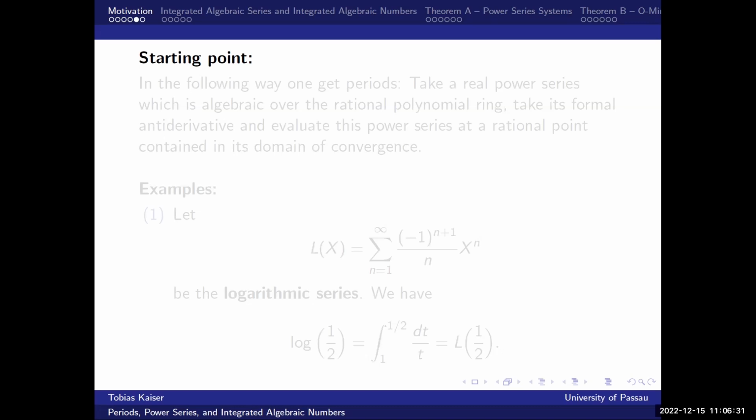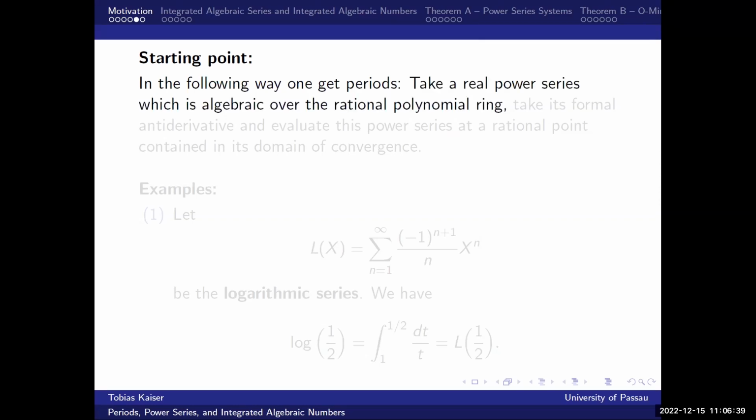What is the starting point? Well, in the following way, one gets periods. I take a real power series which is algebraic over the rational polynomial ring, so a power series which is semi-algebraic over Q. That's the same.